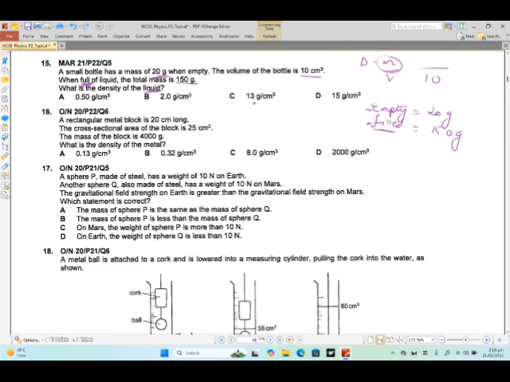So filled minus empty would give you the mass of the liquid. 150 minus 20 would give you 130 grams. So now we can put in our values. 130 by 10, and this gives us 13 grams per centimeter cubes. So option C is correct.